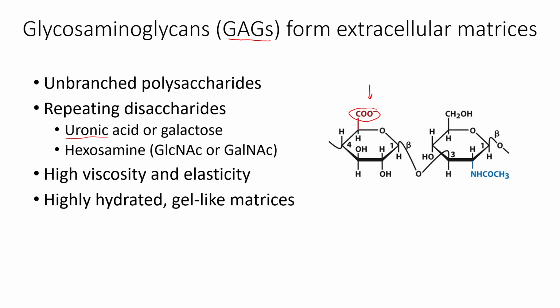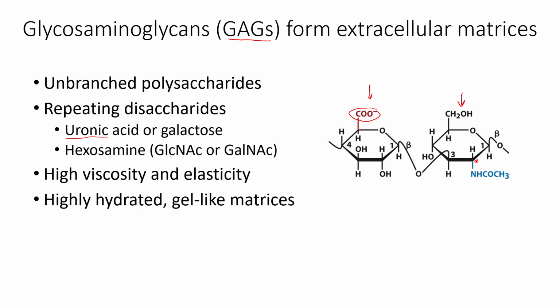The second sugar in that repeating disaccharide is always a hexosamine. Hexosamine means a sugar that originally had 6 carbons, and it has an amine substitution, and even when it's not mentioned by number, it's almost always on carbon number 2, just like we see here. And in fact, the 2 hexosamines that we will specifically see on GAGs are almost always glucosamine or galactosamine.